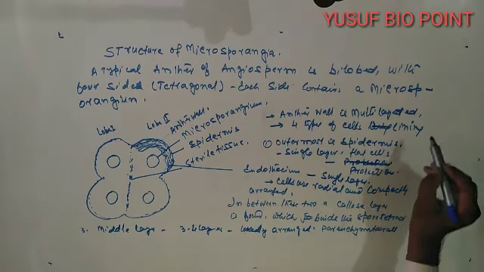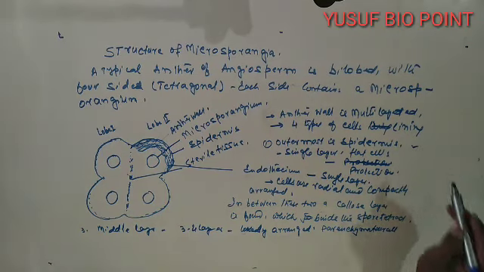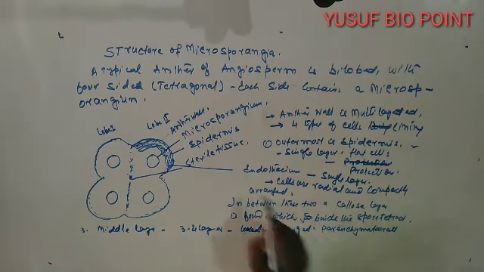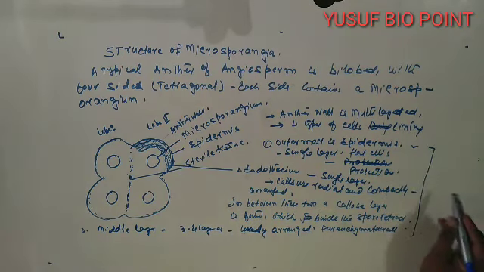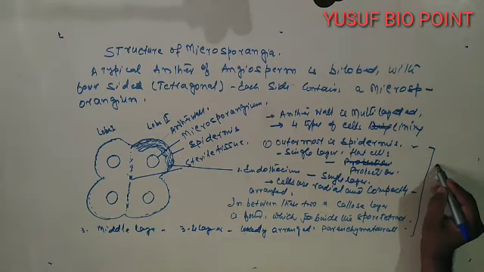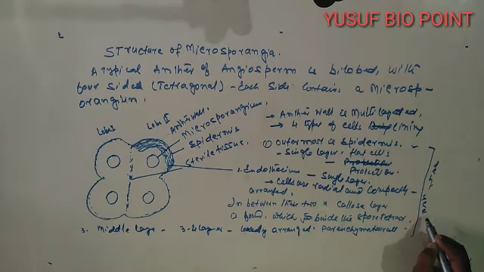So these three, the outermost epidermis, next one endothecium, and third one middle layer, they all help in the dehiscence of the anther.